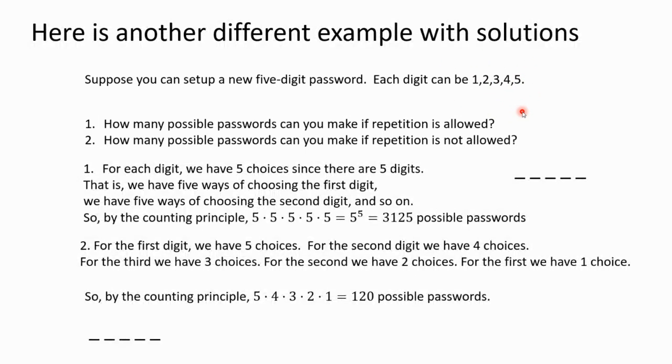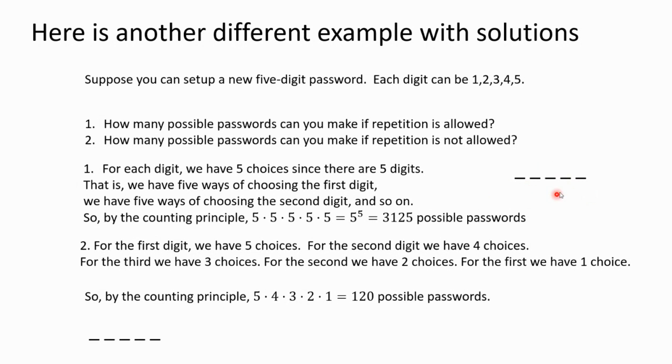Okay. Well, for the first one, how many passwords you can make if we allow repetition? Well, basically you're choosing, right? In a sense, you could think of this as 5 categories, where each category would be a digit that you choose. So you can have any of the digits in this space, any here, and any here. It's 5 spaces here. But you allow repetition, right?